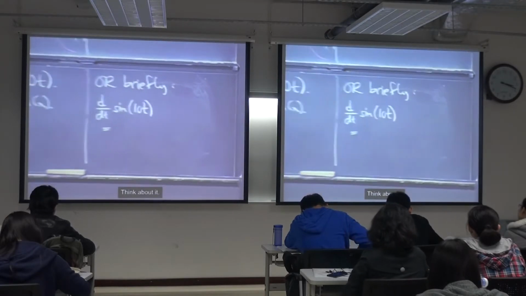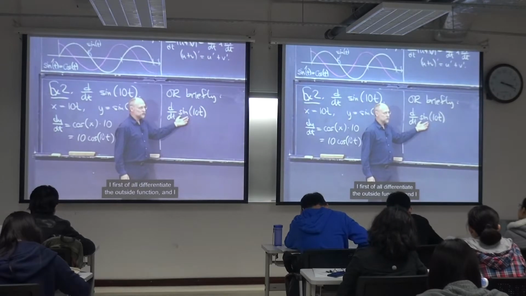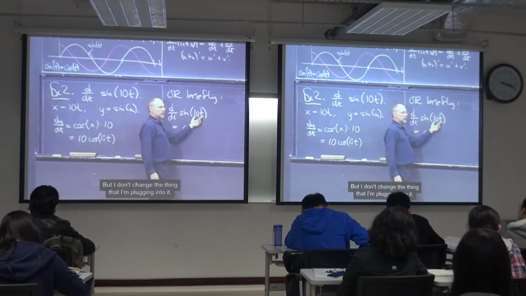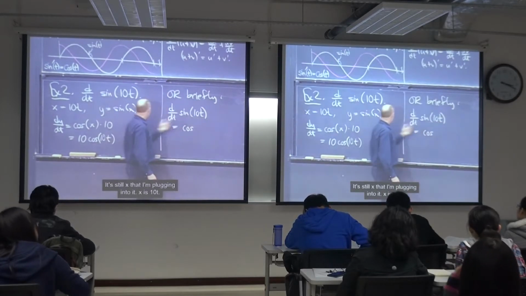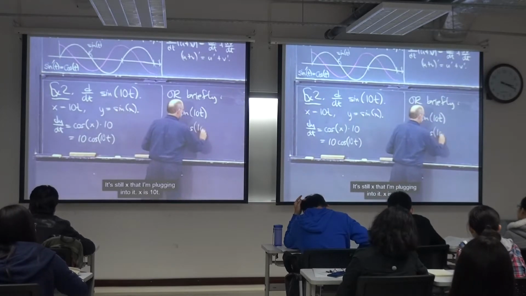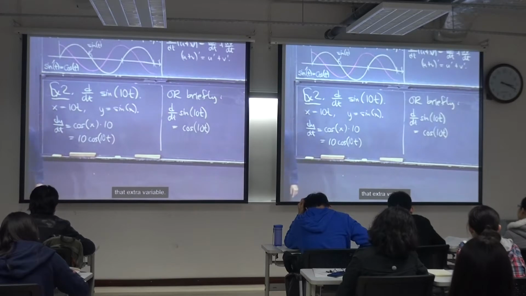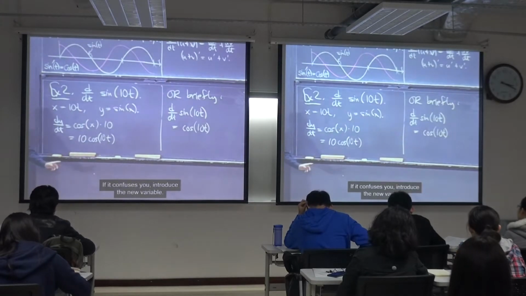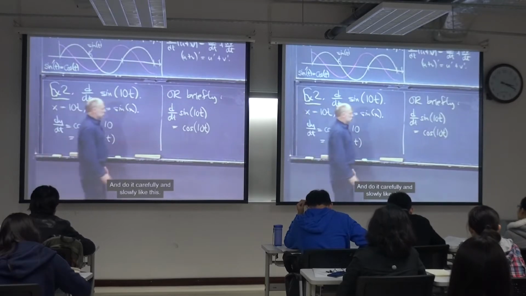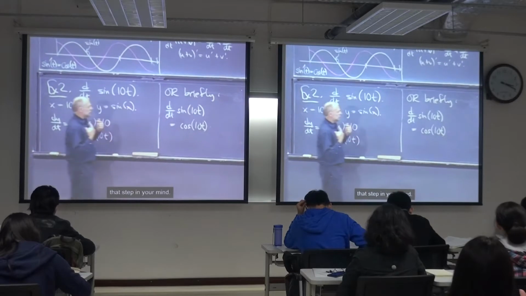I first differentiate the outside function and get cosine, but I don't change the thing I'm plugging into it. It's still x, which is 10t, so let's just write 10t and not worry about the name of that extra variable. If it confuses you, introduce the new variable and do it carefully and slowly like this. But quite quickly, I think you'll be able to keep that step in your mind.